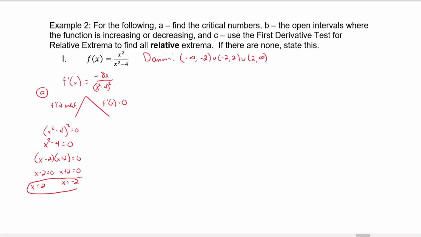But in this case, neither one of those is in our domain, so they can't be critical numbers. Now we look at where f prime of x equals 0. It's equal to 0 whenever the numerator, negative 8x, equals 0. So x equals 0 is our only critical number.